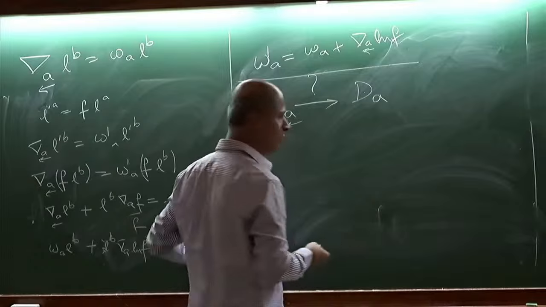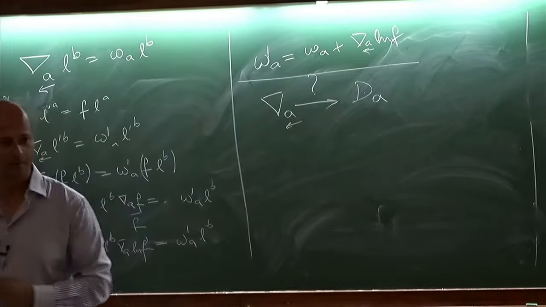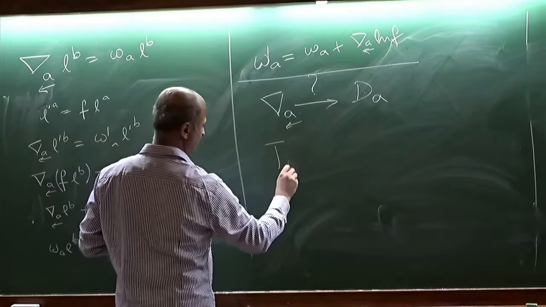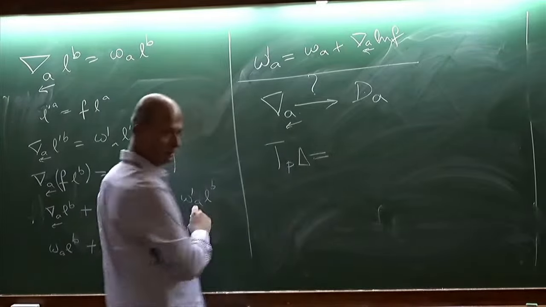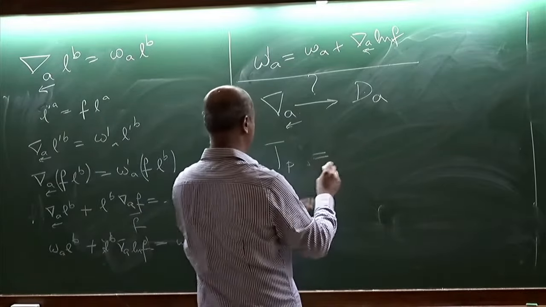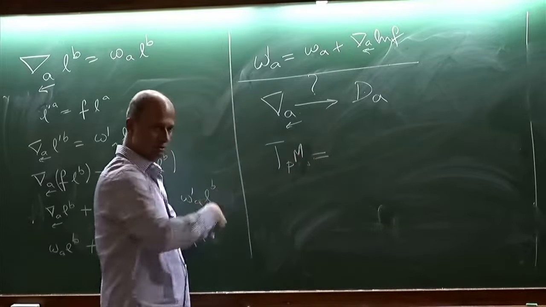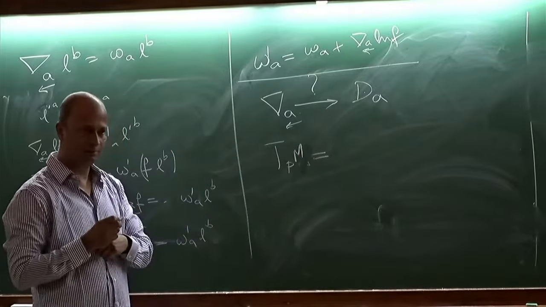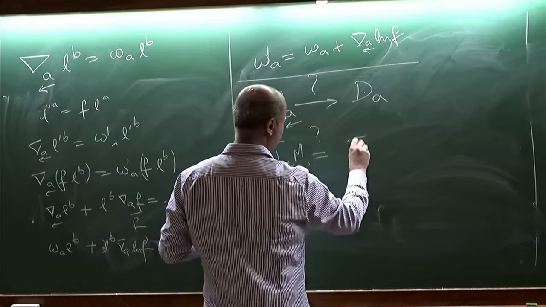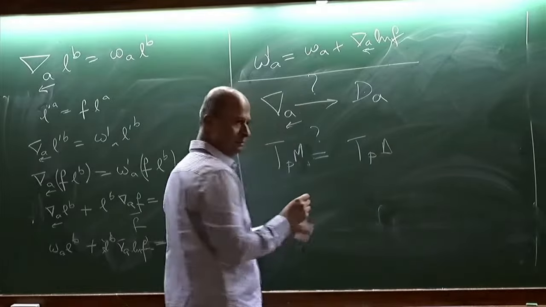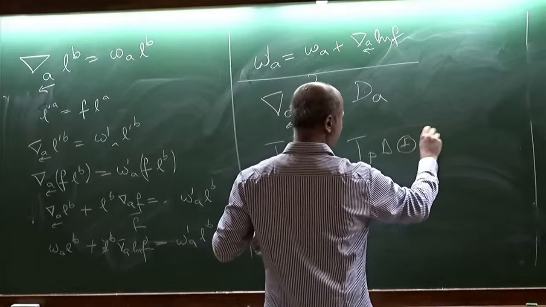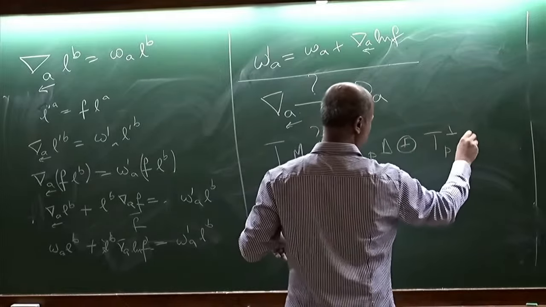Let me walk you again through the same reasoning that we did in the first two lectures. Look at any point P on the horizon, with M the full manifold. Is it true that T_P M is equal to T_P of the horizon, direct sum T_P perpendicular to delta?